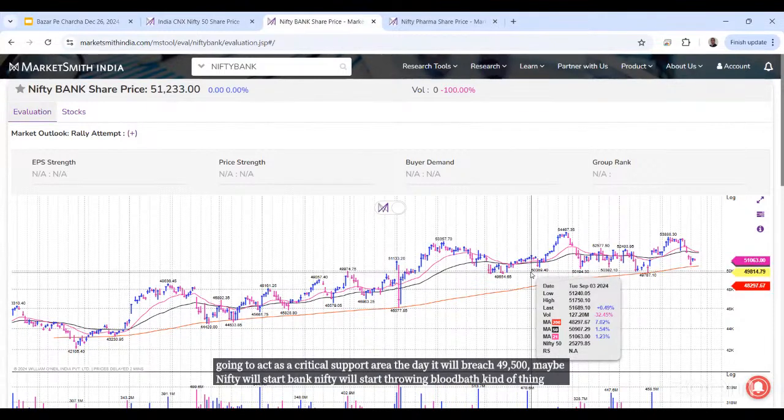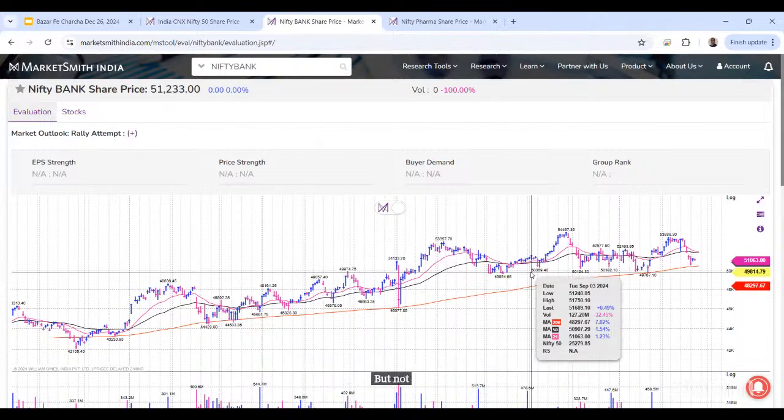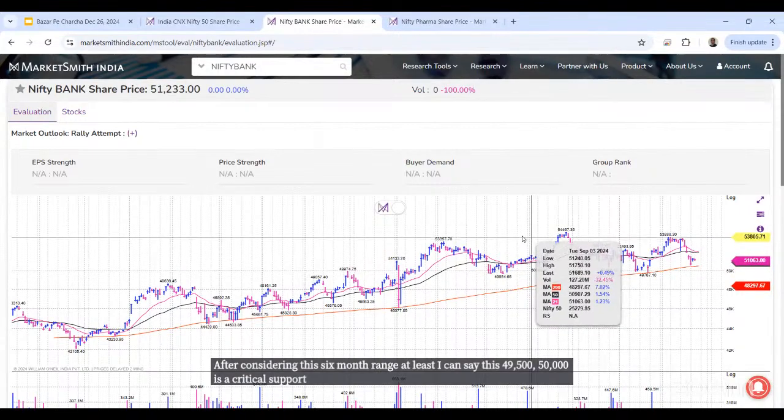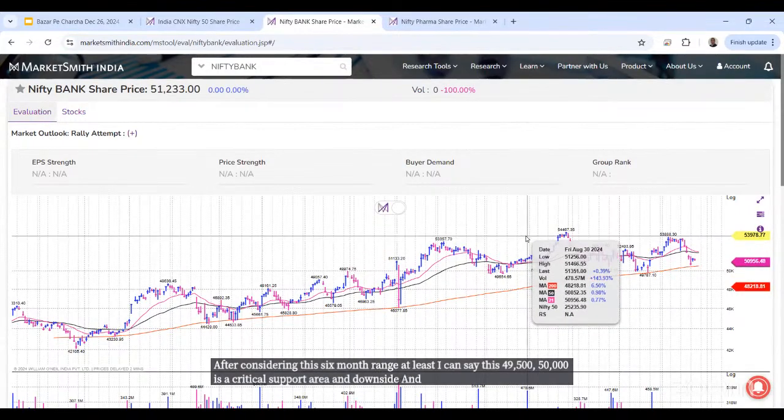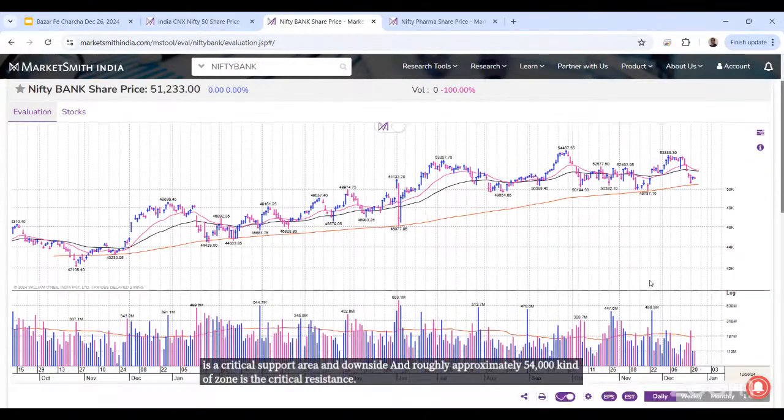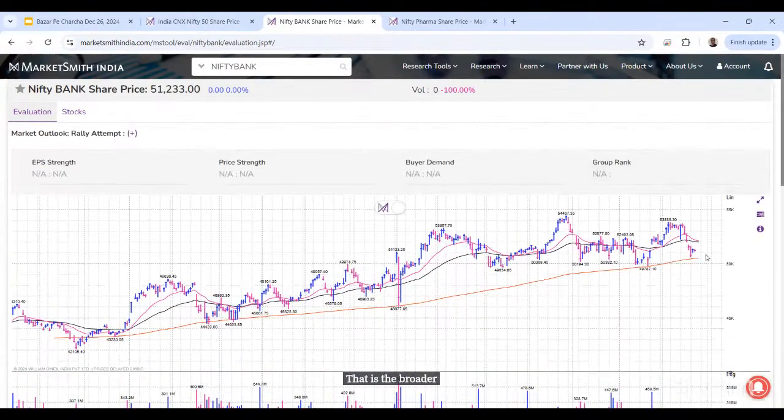But not sure whether it will or not. But after considering this 6-month range, at least I can say this 49,500, 50,000 is a critical support area on the downside, and roughly 54,000 is the critical resistance. That is the broader picture in Bank Nifty.